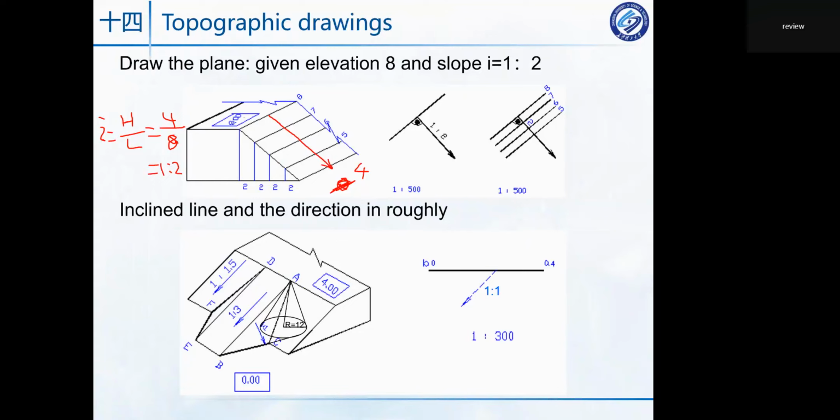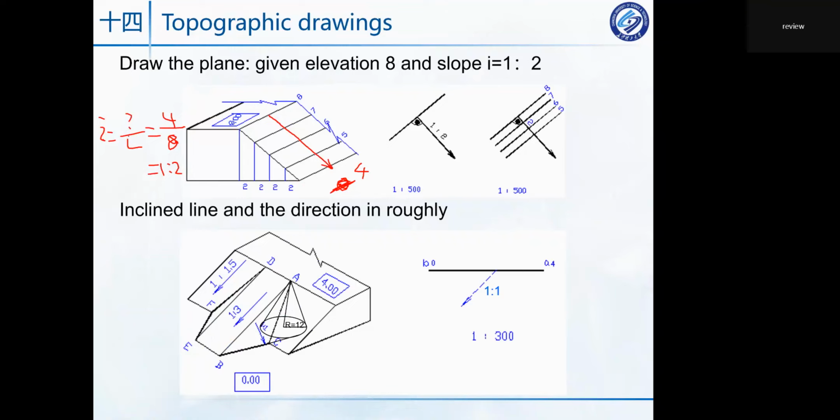So we can use the given elevation and the given horizontal distance to calculate i. But if we don't know the difference of elevation, if it is not given, I don't know it.